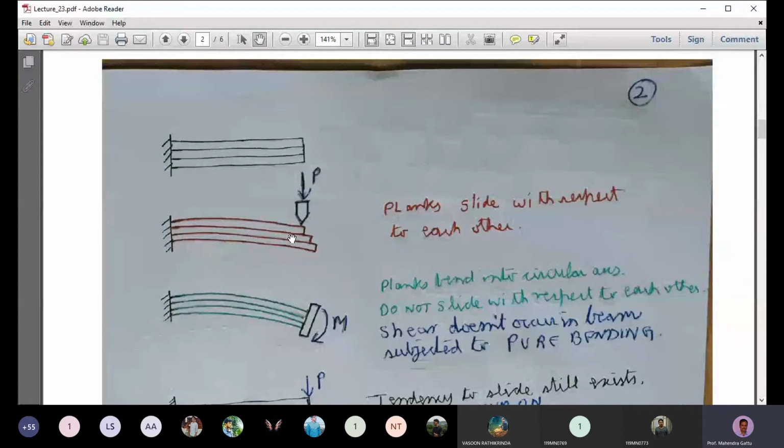If you take the top beam, the middle beam has slid more compared to the top beam, and the bottommost beam has slid much more than the middle beam. So all these planks will slide with respect to each other. Because of this applied transverse load, there is some sliding between these beams.